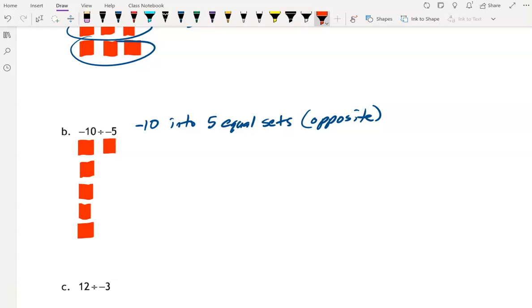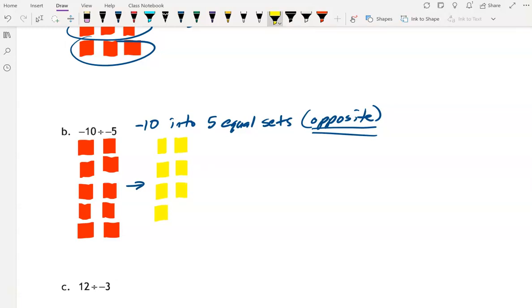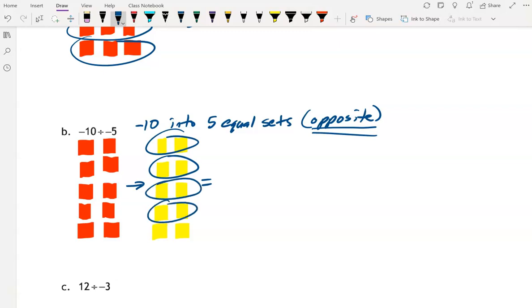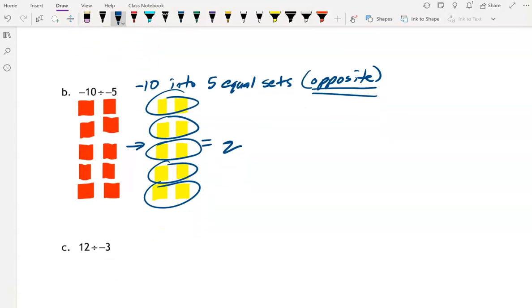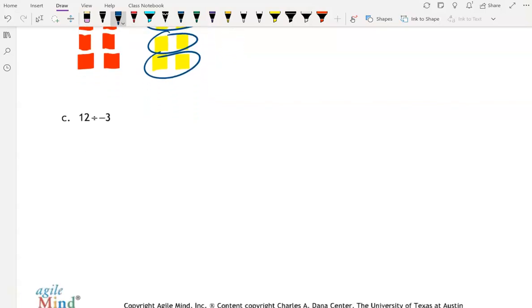There's 5, 6, 7, 8, 9, 10. That's -10 divided into 5 equal sets. Now we have to take the opposite of that. So it's going to look just the same, except instead of being the negatives, they will be positives. So -10 divided by -5 is how much in each group? +2 in each group. Beautiful, beautiful work there. All right.